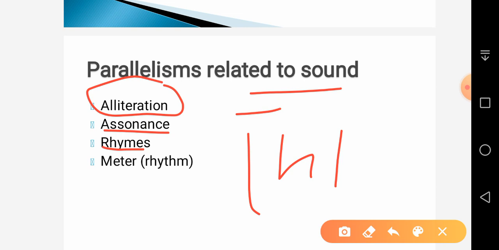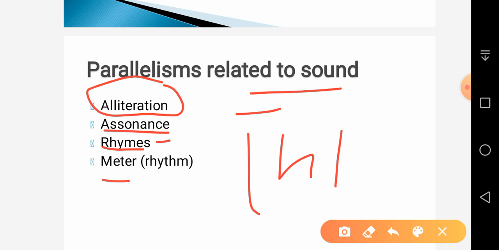We all know that rhymes give a very rhythmic kind of structure to poetry, and poetic composition is identified with rhymes. Then meter or rhythm.